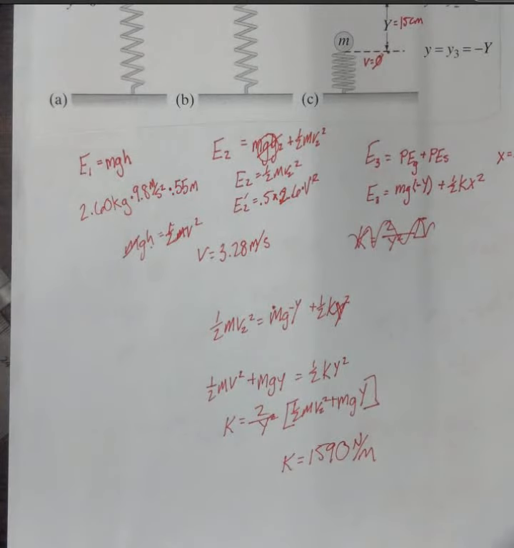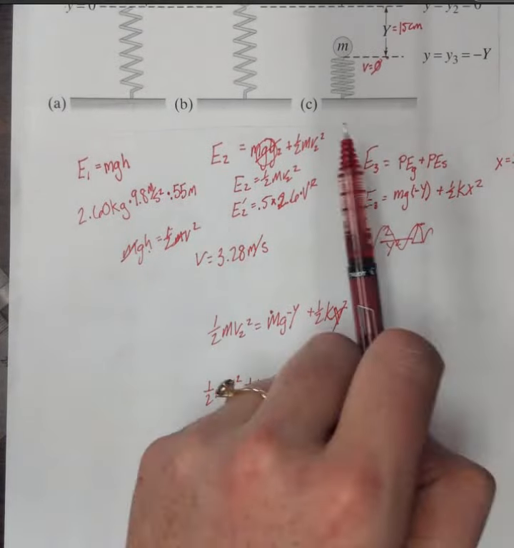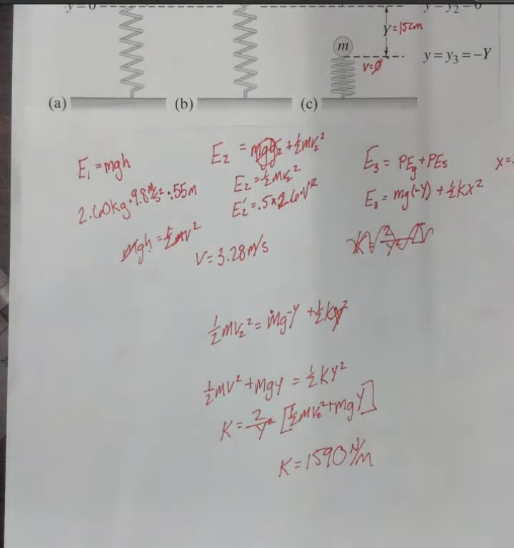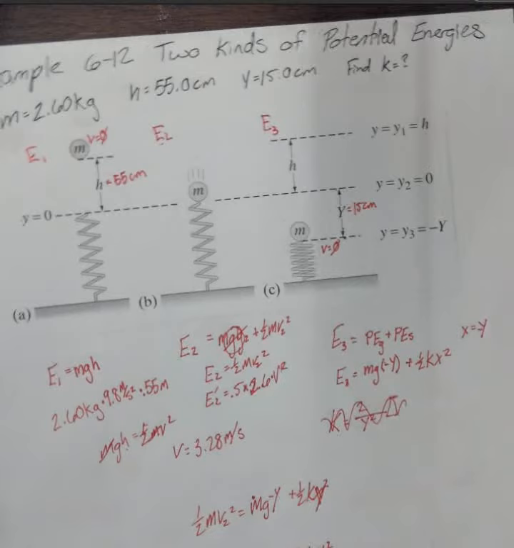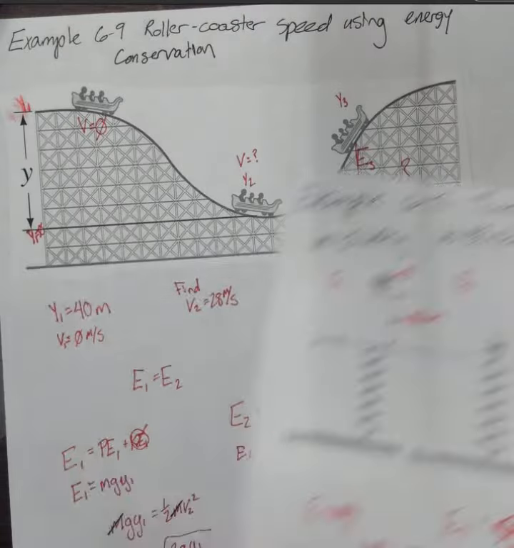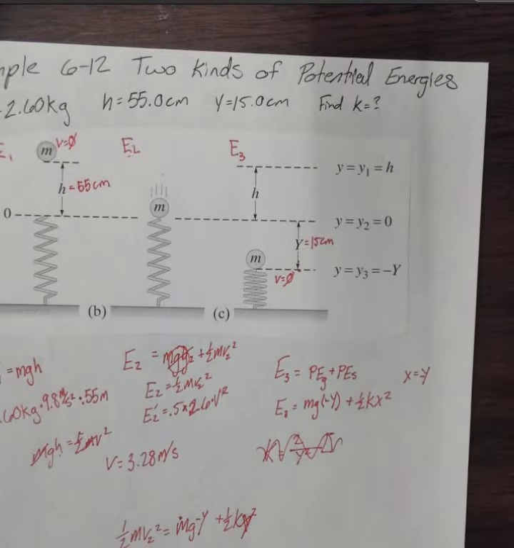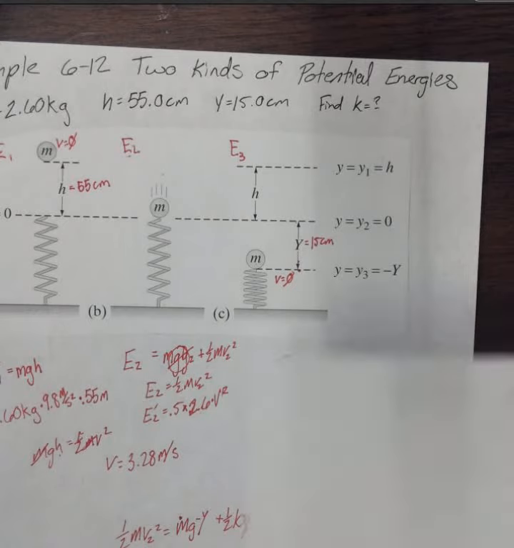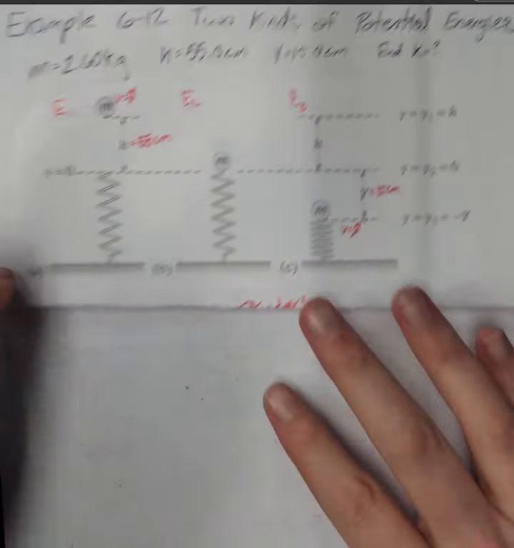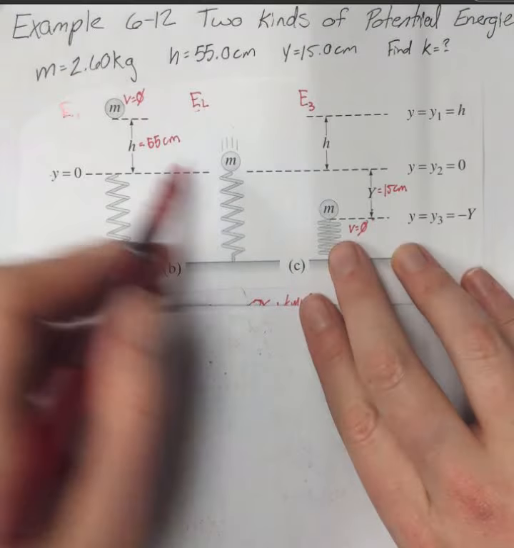And so what we did is we systematically solved for each energy and then used conservation to work our way through. But the truth of the matter is that it probably would have been easier to solve this problem if we had set our reference point somewhere else.